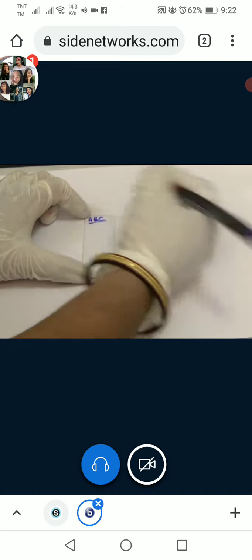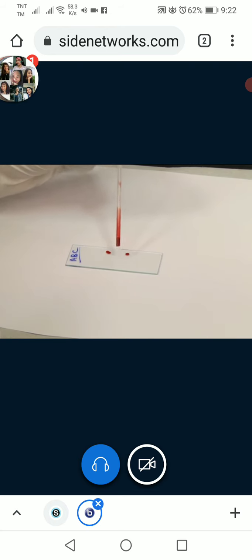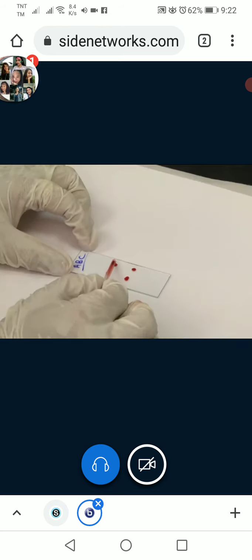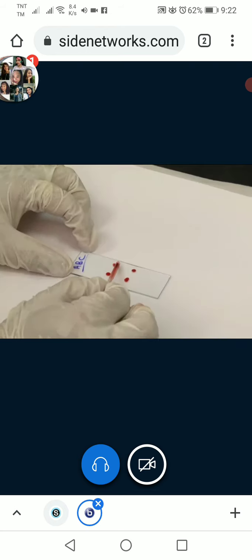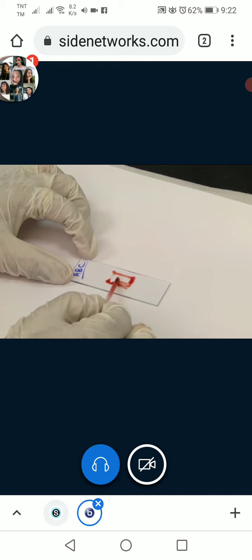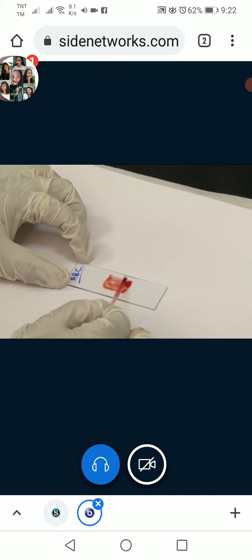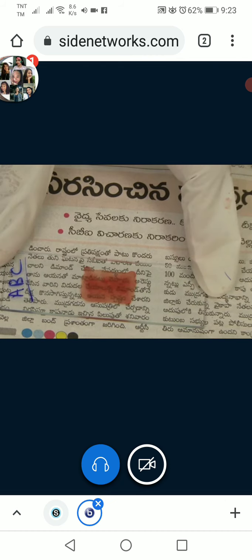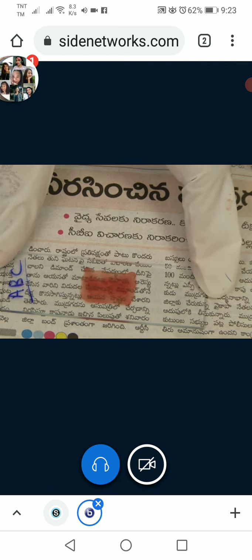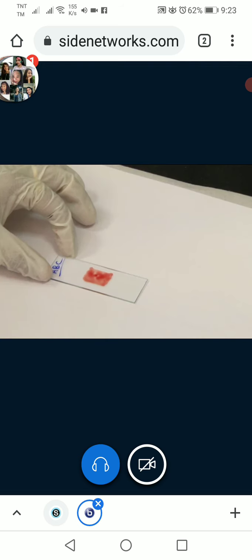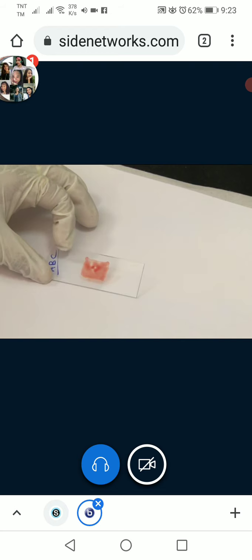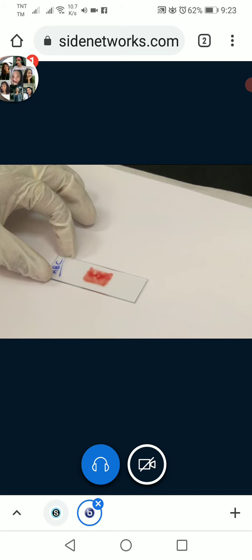Next, using the applicator stick, place 3 to 4 small drops of blood on the slide. Spread the drop of blood with the corner of another slide or an applicator stick to make an area about 1.5 to 2 centimeters in diameter. Correct thickness is attained when newsprint is barely legible through the smear. Lay the slides flat and allow the smears to dry thoroughly. Protect the slides from dust and insects. Insufficiently dried smears and smears that are too thick can detach from the slides during staining. Protect thick smears from hot environment.